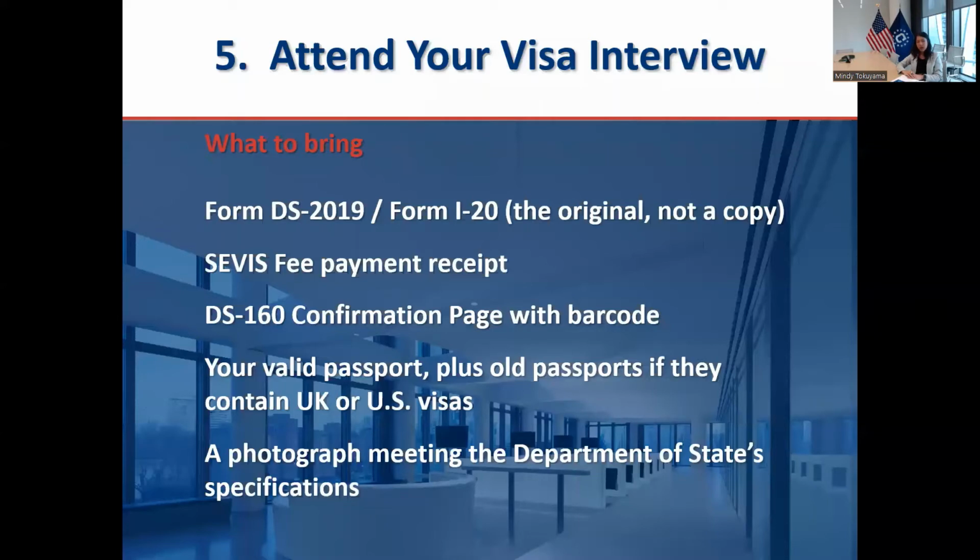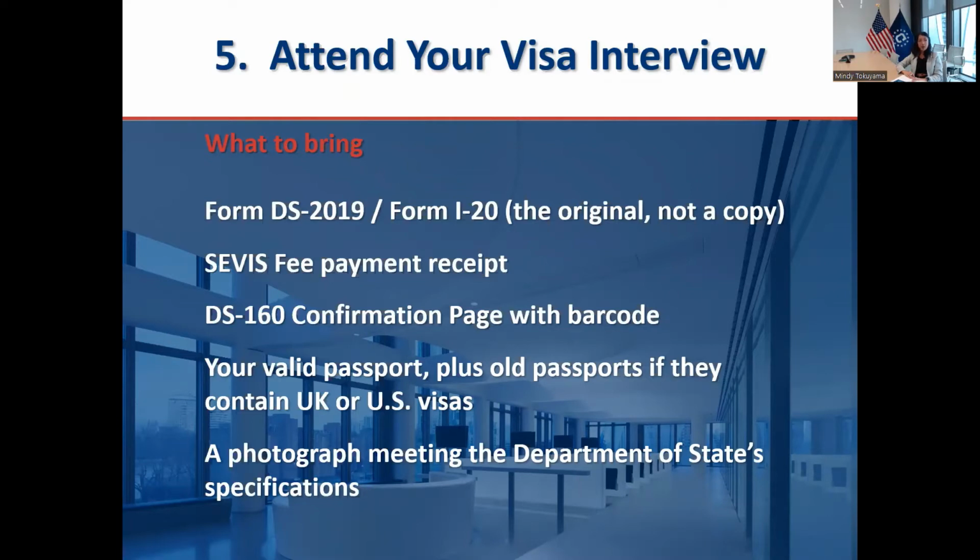All right, so the final step after you've completed all the paperwork is to attend your visa interview on the date and time that you selected. Important documents to make sure you bring with you are the DS-2019 or the I-20, depending again on your visa class. Bring a printout of your payment confirmation receipt, as well as a printout of your DS-160 confirmation page.